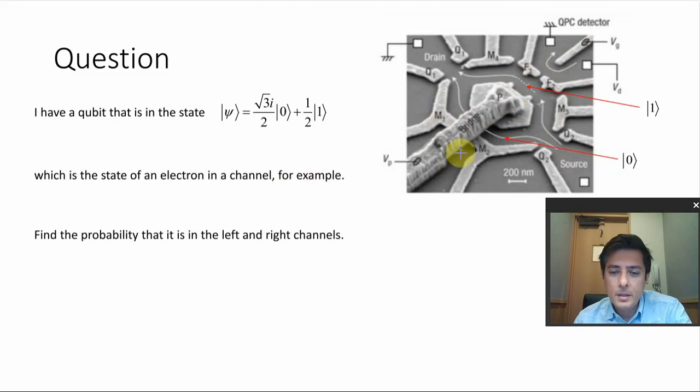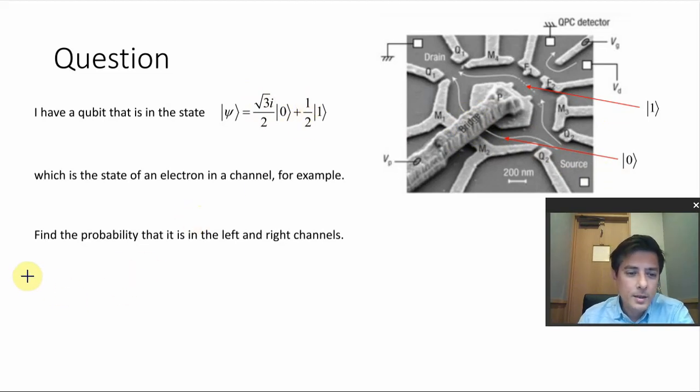So what happens if you do something like this, and this is a quantum particle? What happens is that you basically get it with the probabilities according to these numbers here, but the absolute value squared.